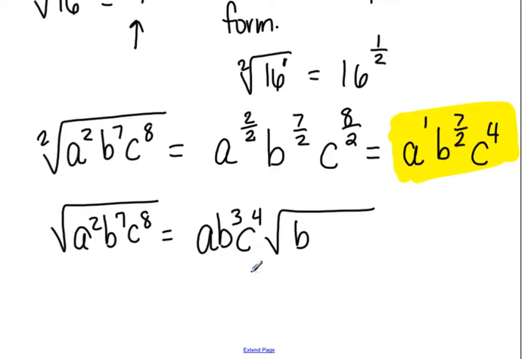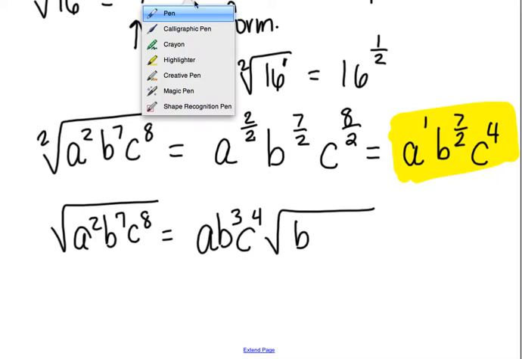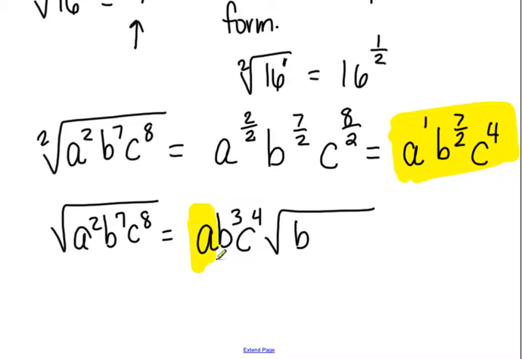Are you with me? Remember my magic word is equivalent. How is this equivalent to this other piece of yellow? Which ones are really easy to see? The A and the C have exactly the same exponents, don't they?